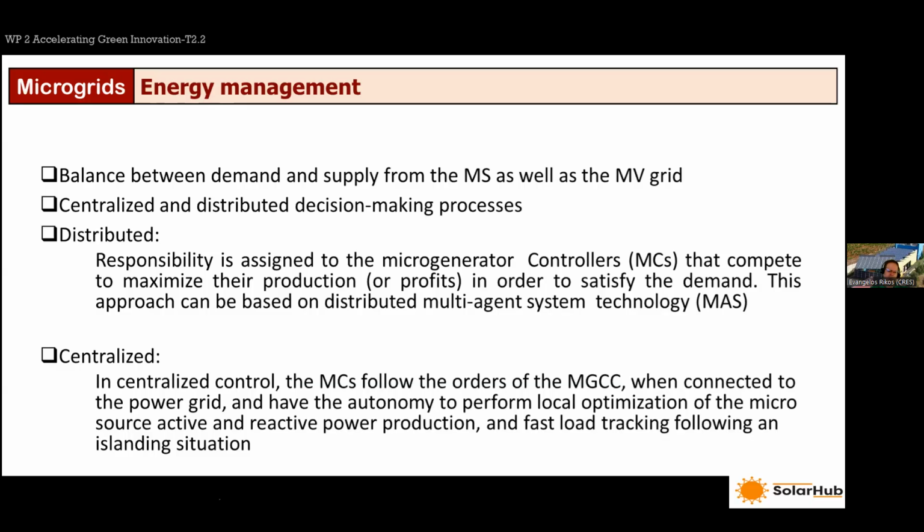This energy management can be obtained again by using this microgrid central controller, or even by using some distributed decision-making processes. One classic approach is multi-agent systems. This is a distributed approach where the optimization problem is distributed to the local resources, and their controller decides, after negotiating with other peer-to-peer controllers, what is best for them.